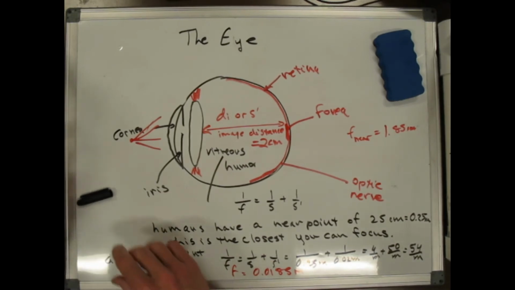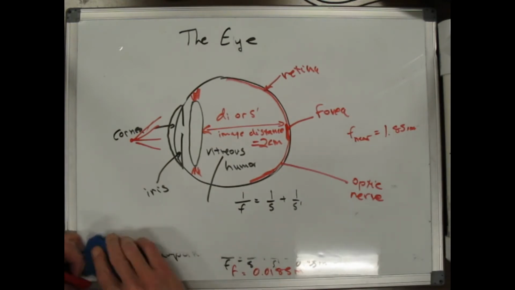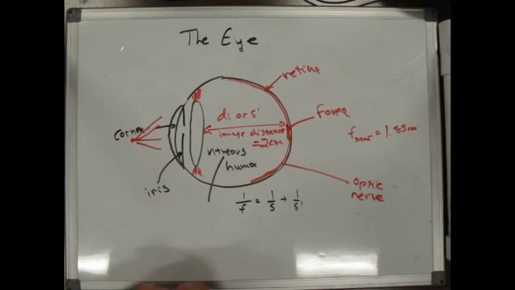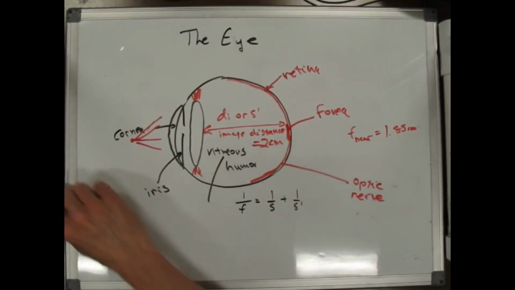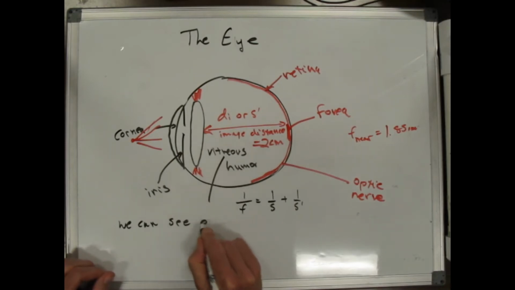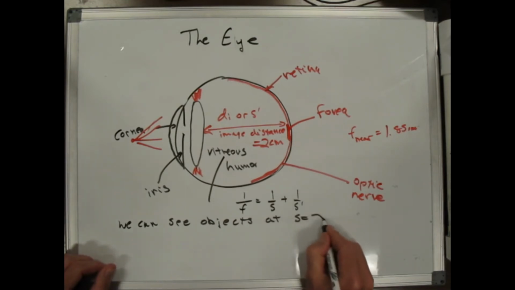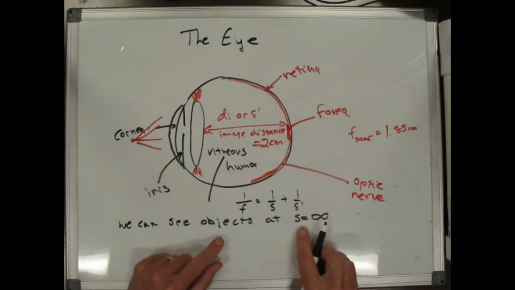And so we can ask the same question about the far point. This one's a little easier to do. We can see objects that are very far away. I mean, if they're big enough for us to see, we can focus on them.